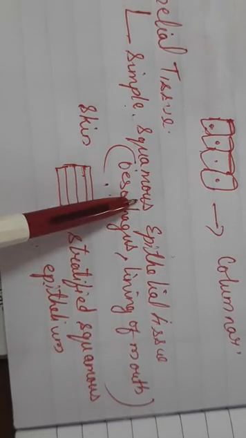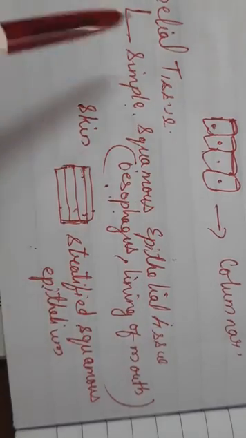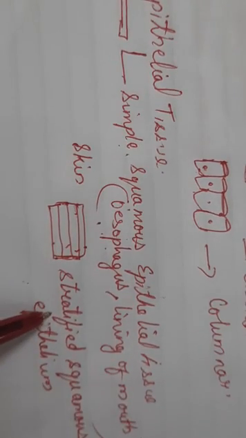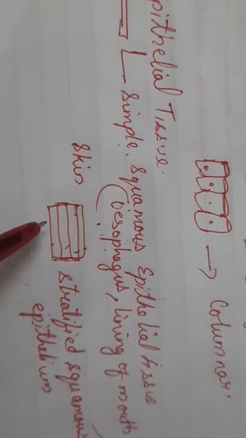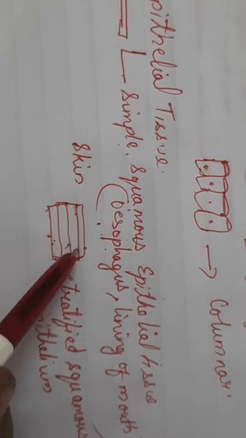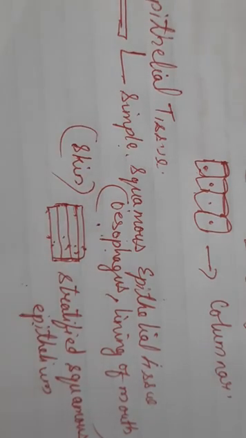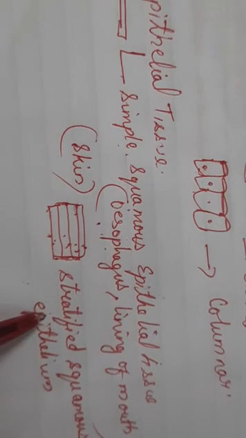Simple squamous means a thin flat layer. And stratified squamous means thin flat cells arranged in layers because it has to act as a protective layer. And what is the example? The example is skin. Skin contains stratified squamous epithelium.